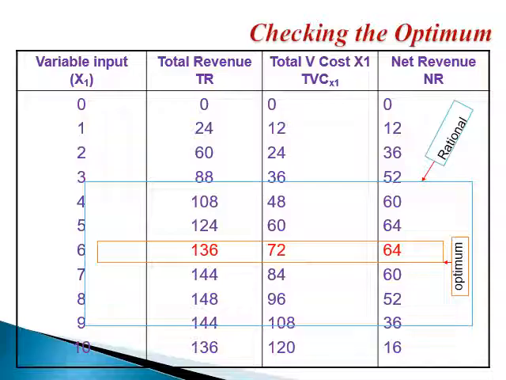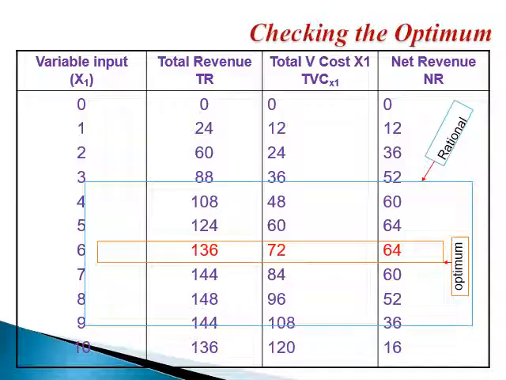Now in this table, he wants to prove to you that the optimality rule is correct. And really, if you use the level of X1 at which the marginal value product of X1 is equal to the marginal factor cost of X1, you will maximize your net returns. Here he's making you calculate. In this example, this is the column called X1, and this is the column called total value product or total revenues.